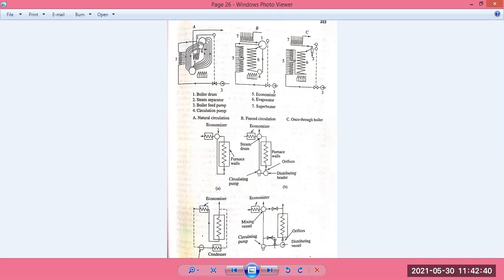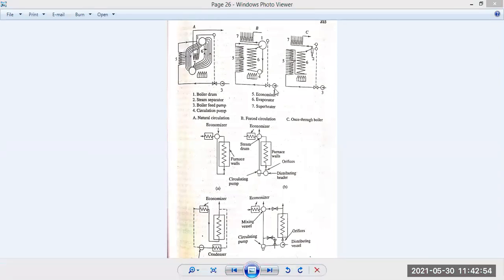Again it comes back to the drum, and from the drum it goes to number 2, the separator. From the drum, it goes to the riser, to the superheater itself.